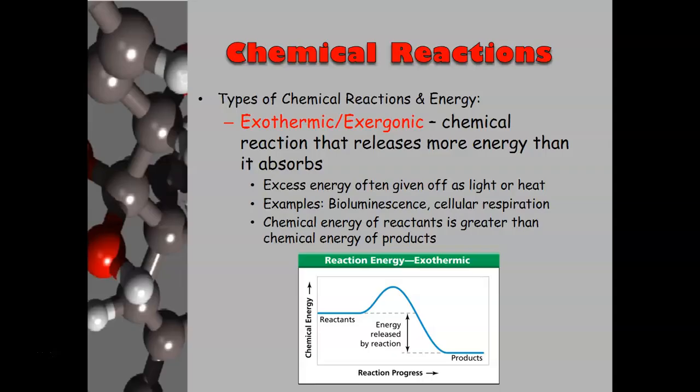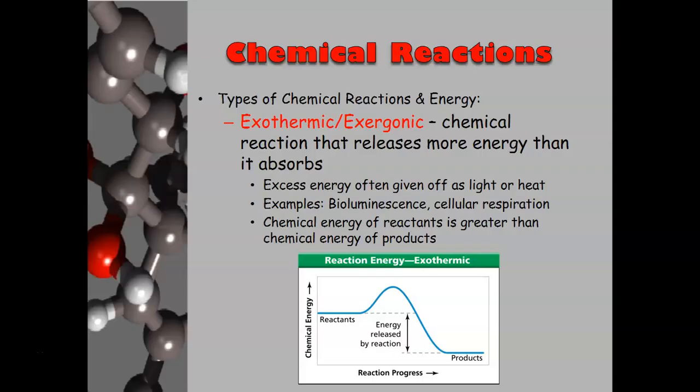bioluminescence, where we actually get glowing organisms. They've got these chemical reactions that are happening as part of their metabolism, and they end up glowing because they make this excess energy, and it's got to go somewhere, and it comes off as light. And a lot of times it's bacteria, and so they're using it as part of a symbiotic relationship.